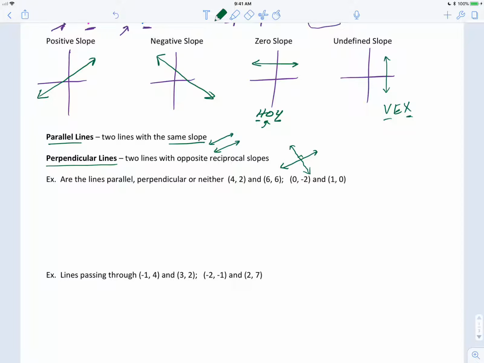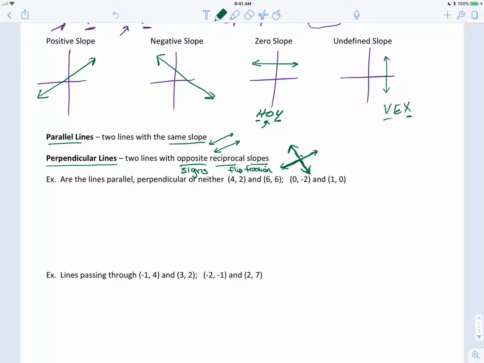So these two lines have opposite reciprocal slopes. They have opposite signs, so if one is positive, then the other one has to be negative. And reciprocal just means we're flipping that fraction.